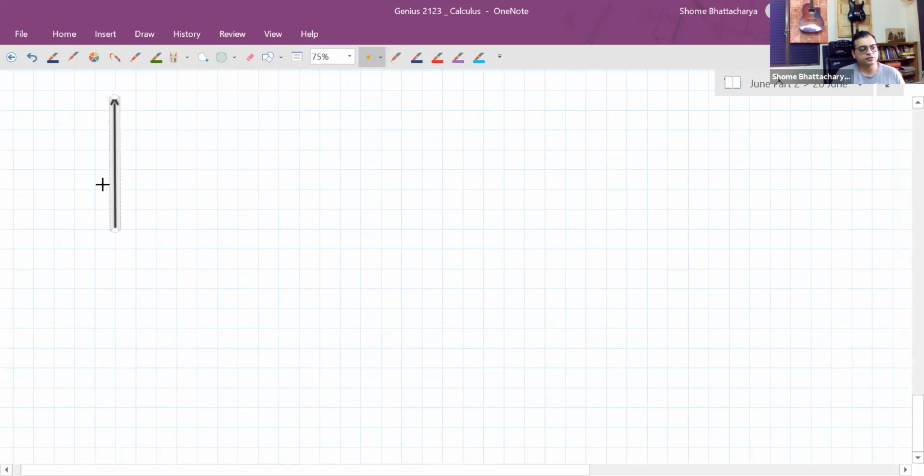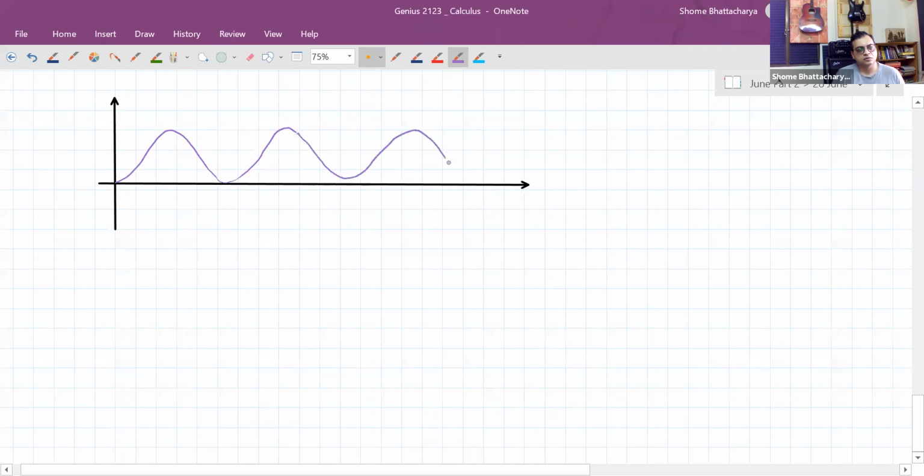If you look at the graph of sine square x, for example, see that it looks like this kind of a curve, which varies between 1 and 0.